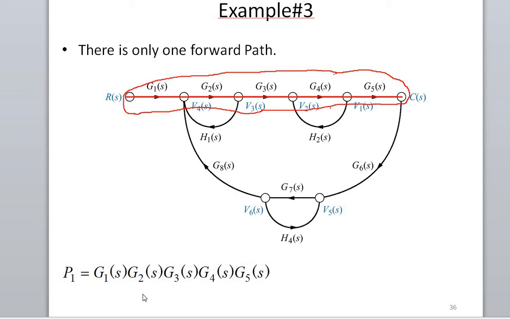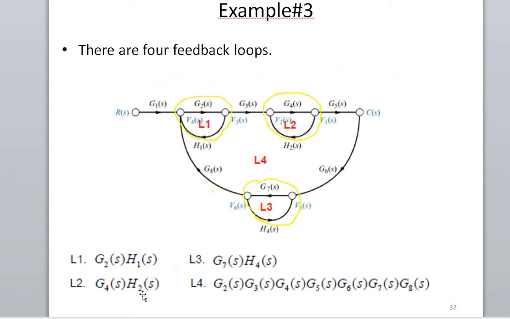Okay, the next step is to identify the feedback loops. We can see here there is one loop, which we can represent as L1. L1 is the loop that starts from here, and from the node V3 it returns back to node V4.